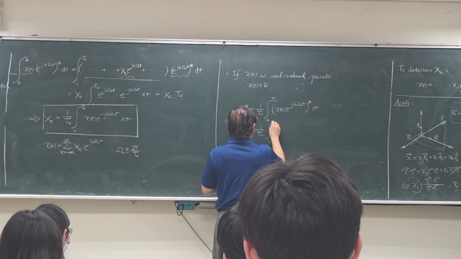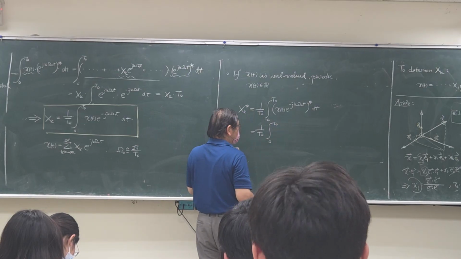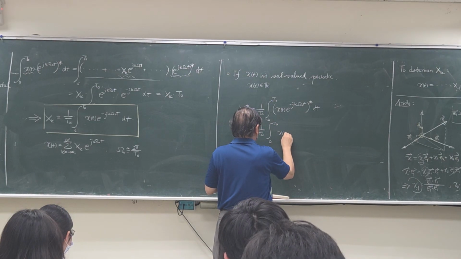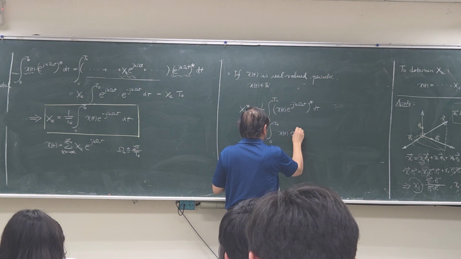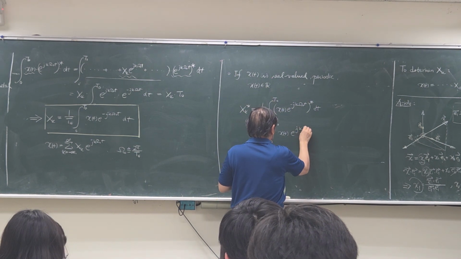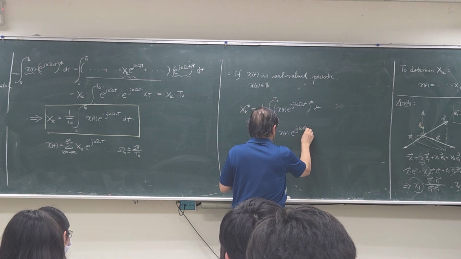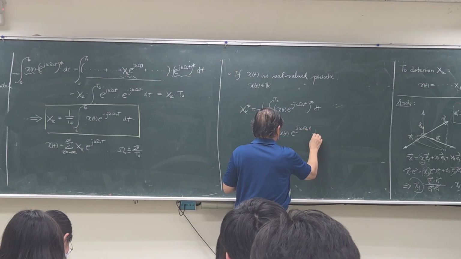But since x of t is a real function, this is equal to x of t again, but the exponential function now switches to e to the j k omega sub 0 times t.